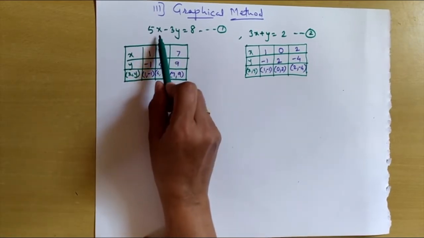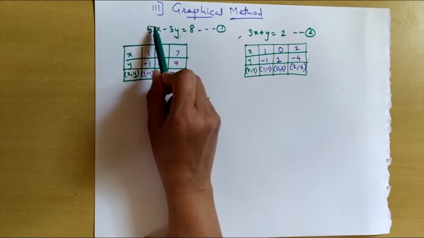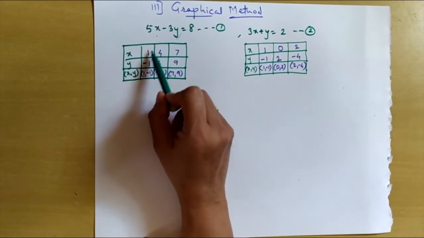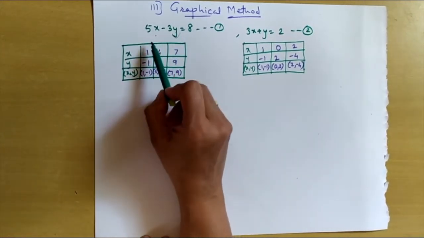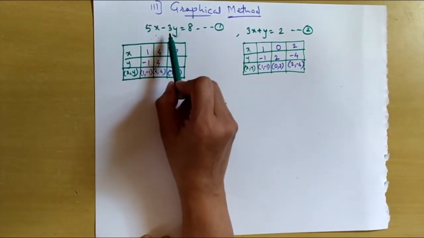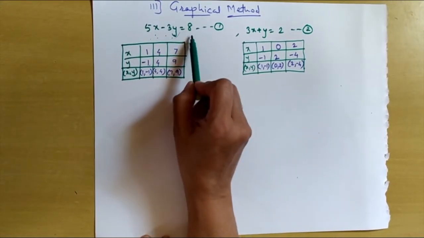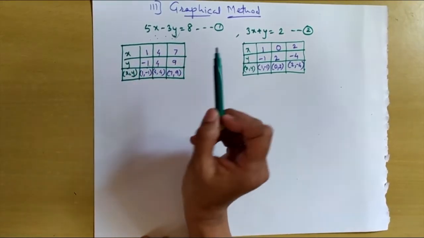Now select value of x and y in such a way that after solving this equation you get LHS equal to RHS. That is, if I'll select x as 1 and y as minus 1, so what I'll get? 5 into 1, 5, minus 3 into minus 1 will be plus 3. 5 plus 3 I am getting equal to 8. So I have selected x as 1, y as minus 1.